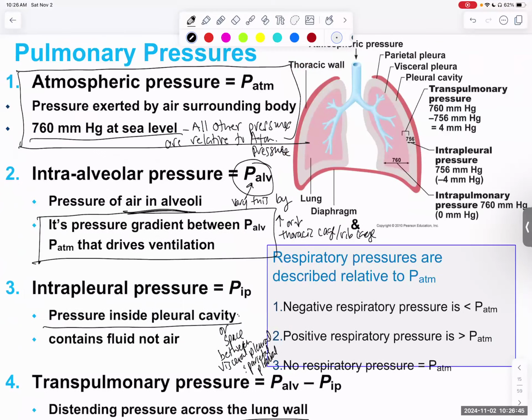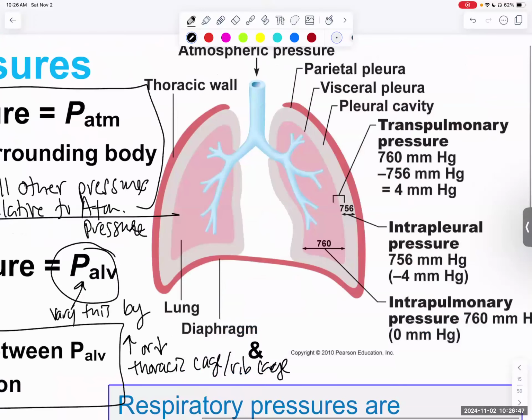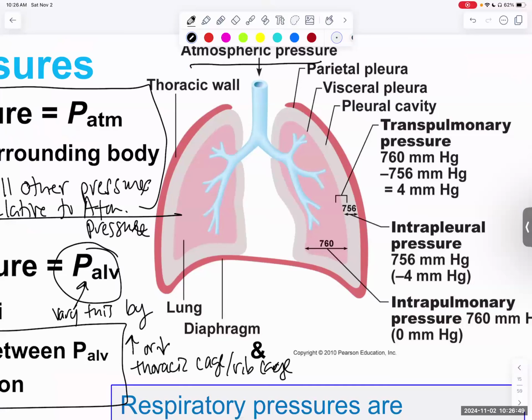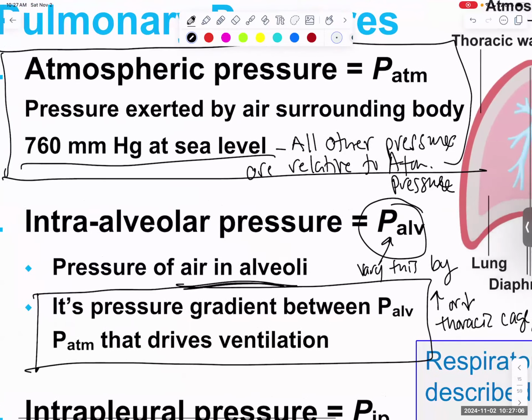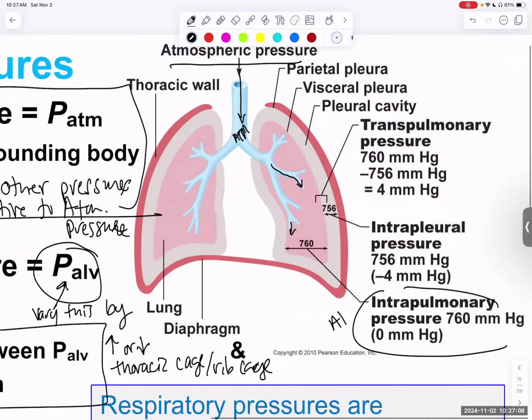So if we're looking at this diagram right here, atmospheric pressure is coming in. Atmospheric pressure is going all the way to the alveoli, and you're going to have intrapulmonary pressure, which essentially is intraalveolar pressure.